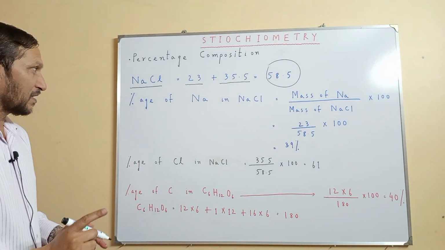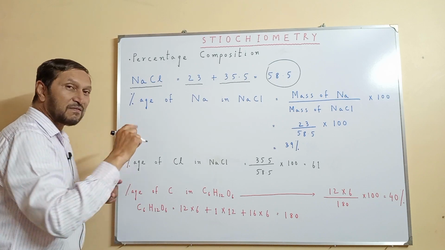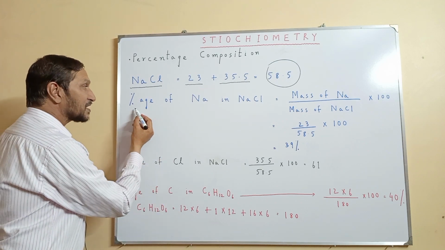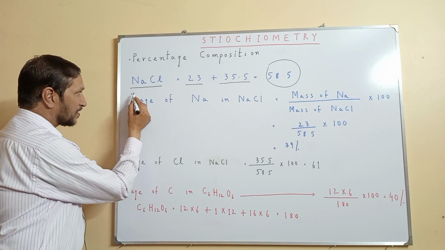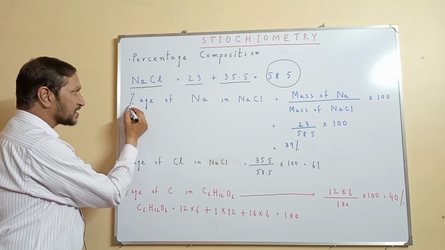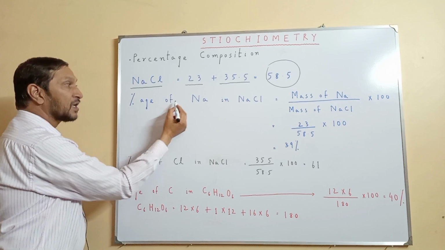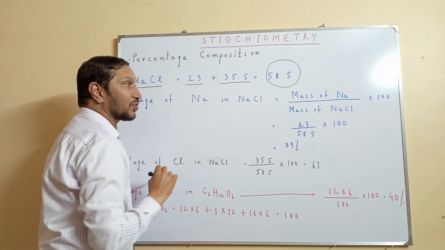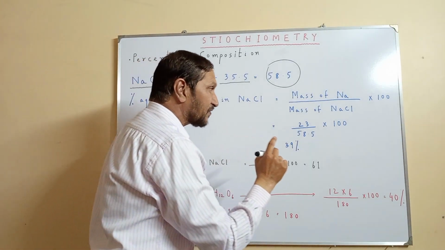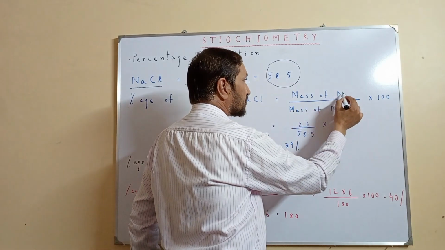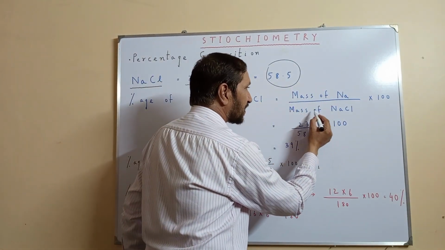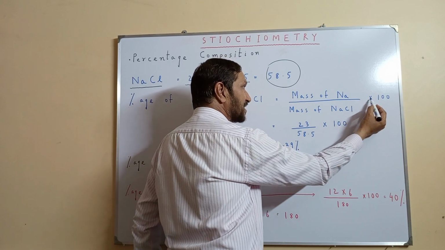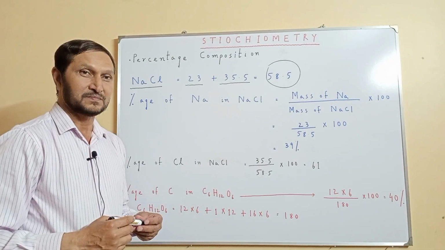Now how will I find the percentage of sodium? We will put the sign of percent and write the percentage of sodium in sodium chloride. So what is the formula? Mass of sodium divided by mass of sodium chloride multiplied by 100.